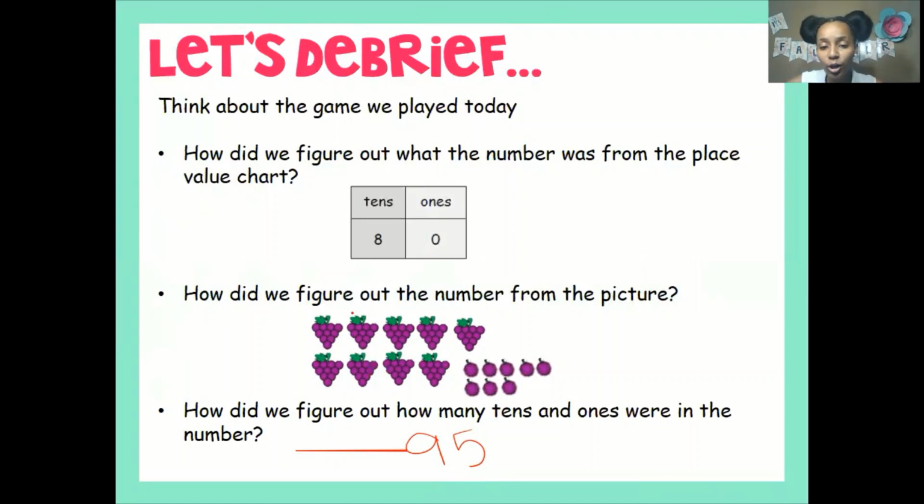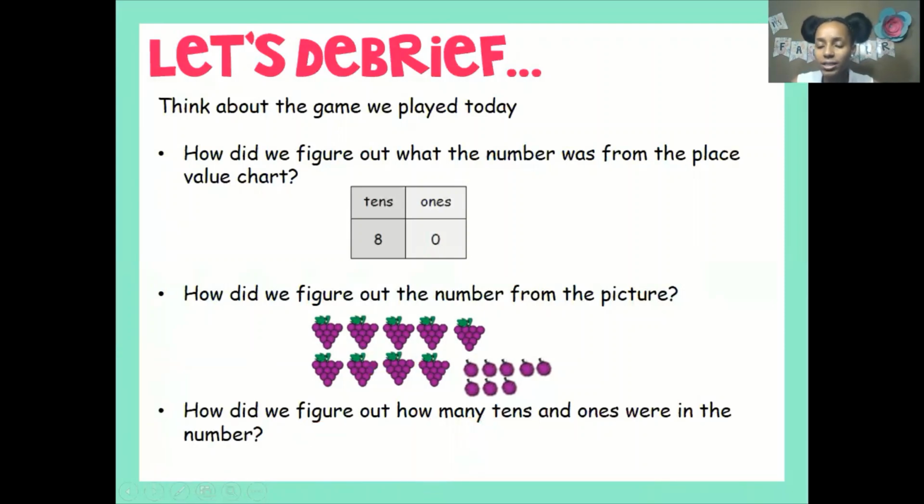Okay, so you know that this number has 9 tens, which gives it the value 90, and 5 ones, which gives it the value 5 or 5 ones. Good job. That's a great strategy to figure that out.